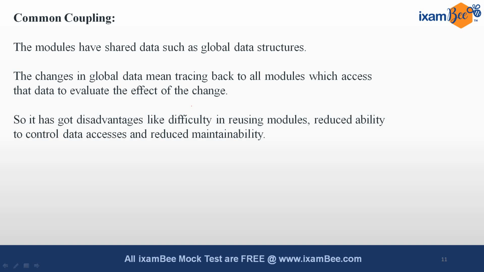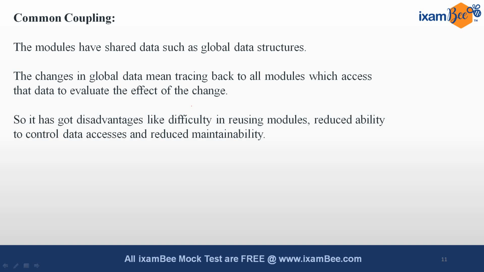So you can see there is a very high degree of coupling, or interdependence, between these modules. We land in a disadvantageous situation where, if we want to reuse the module, the capability to reuse it is low because the ability to control the data is reduced.